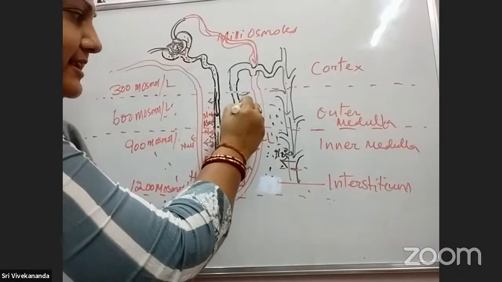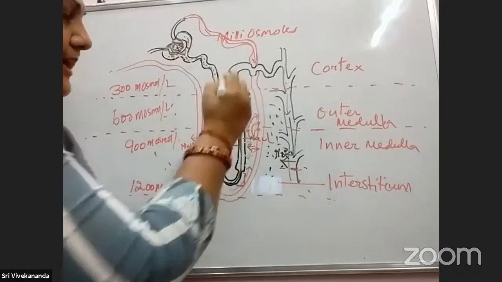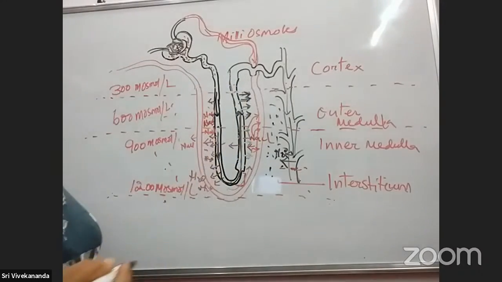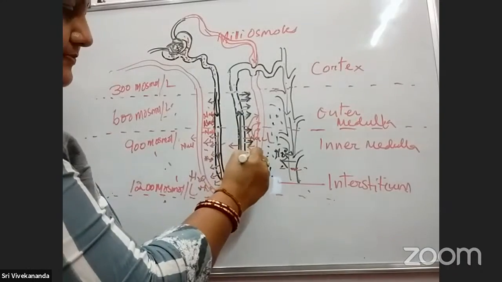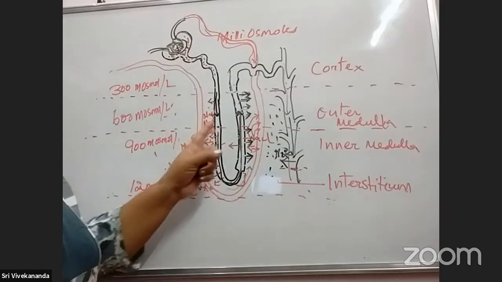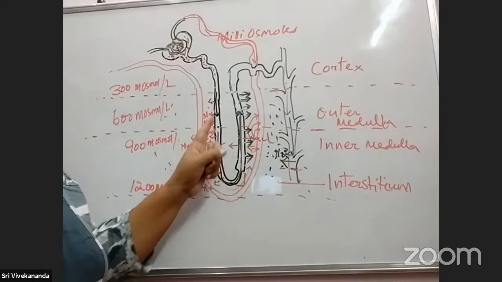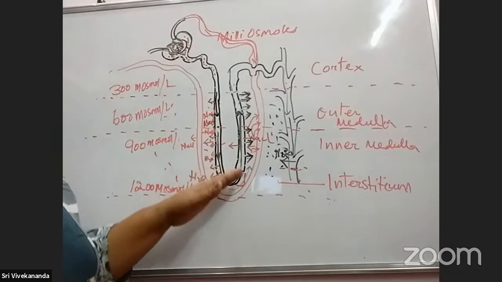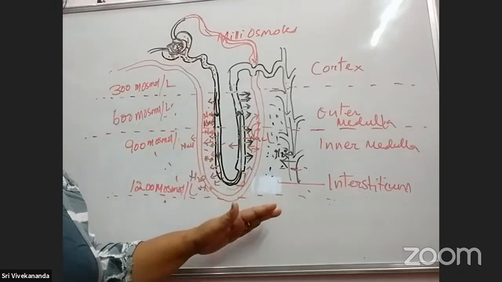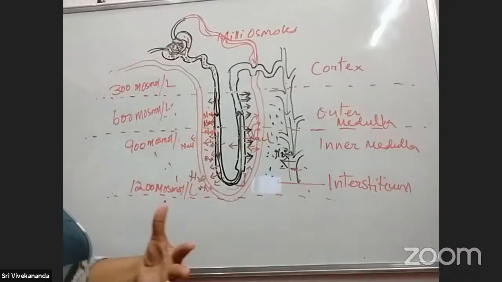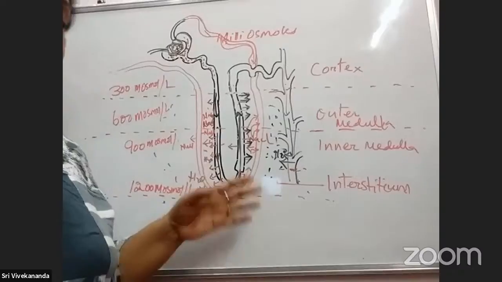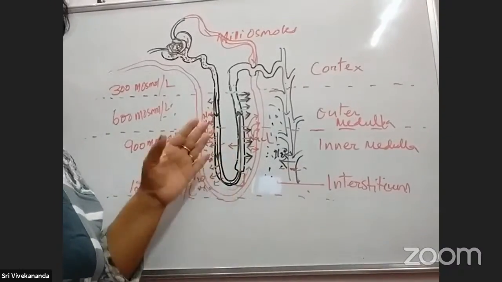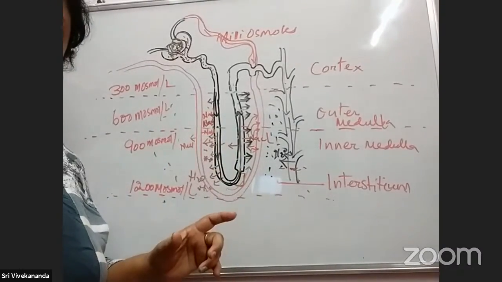is releasing the electrolytes, the salt, the sodium chloride here, from the plasma. So all the sodium chloride is being released. As the sodium chloride is coming out, the salt part is coming out, so the filtrate becomes more and more dilute.